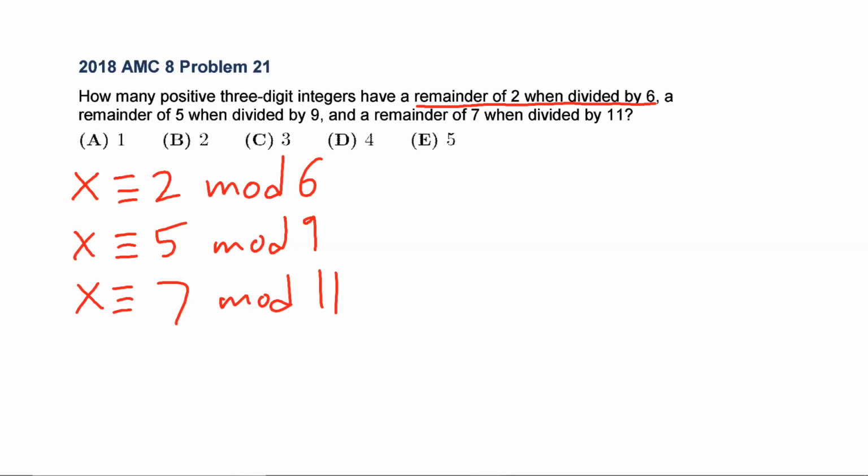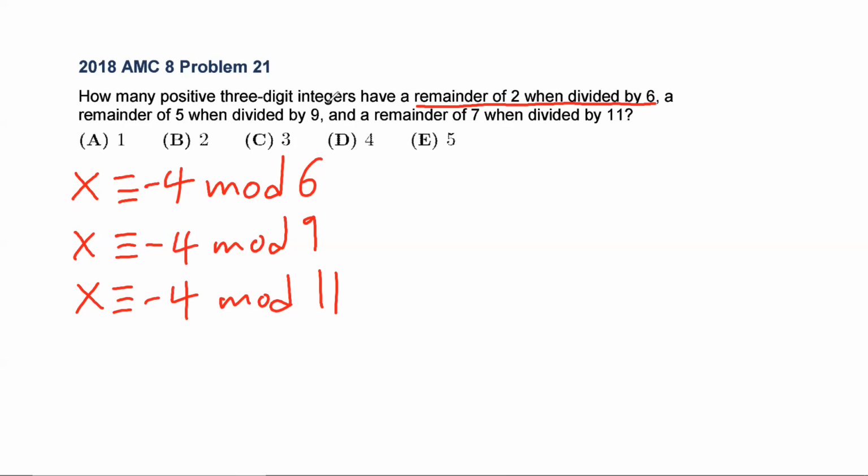So instead of writing this as 2 mod 6, you could also say that this is negative 4 mod 6. And instead of saying 5 mod 9 or 7 mod 11, you could say negative 4 mod 9 or negative 4 mod 11.